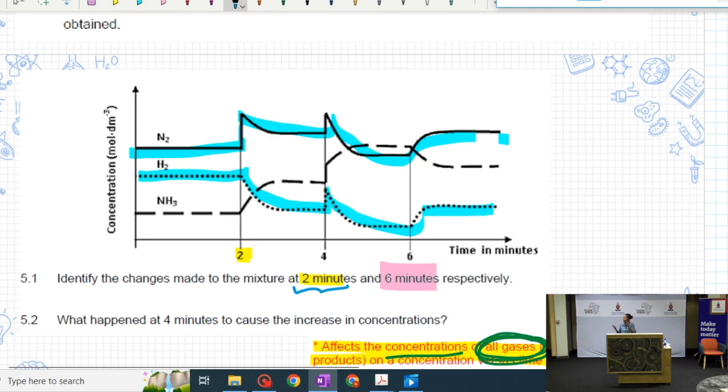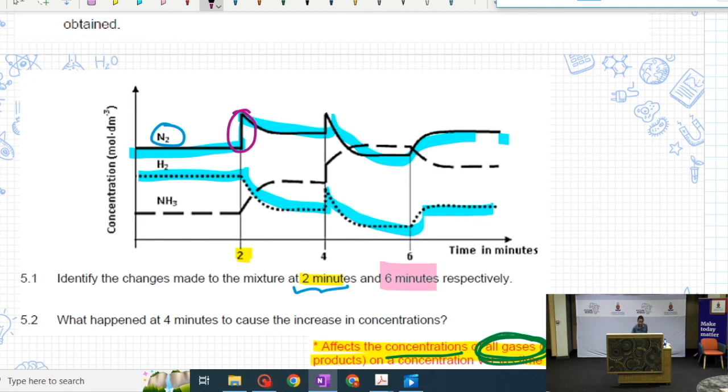Where do we see a spike or something weird happening? Which one of the substances? N2. Now, if only one of them changes, and we are looking at a concentration versus time graph, it means the concentration of that substance has increased. So we will therefore state specifically, please, that the concentration of N2 was increased.